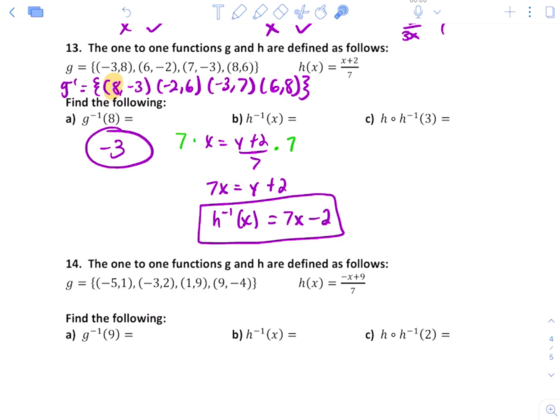And then for C, we're doing a composition. And again, I know that because of that open circle. So this is really telling me to do h of the inverse h of 3. So I'm going to start with this part right here. So this is telling me that I'm going to put 3 into all the x's of the inverse of h, which we found in part B. So I'm going to plug my 3 into this.